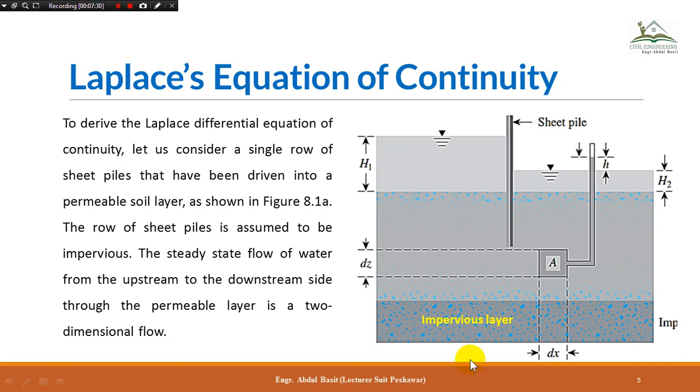Here we first need to derive the Laplace equation of continuity. Let us consider this type of assembly. For the derivation we need a block of the soil sample, represented over here as block A, having a height dz and a width dx, and out of the plane, in the y direction out of the page, a y axis with a width dy.